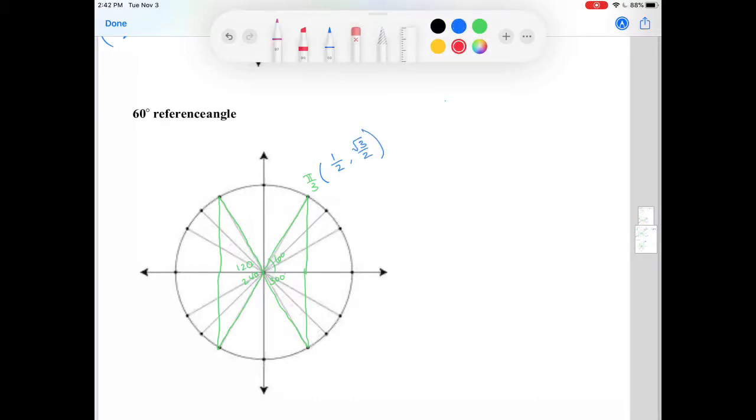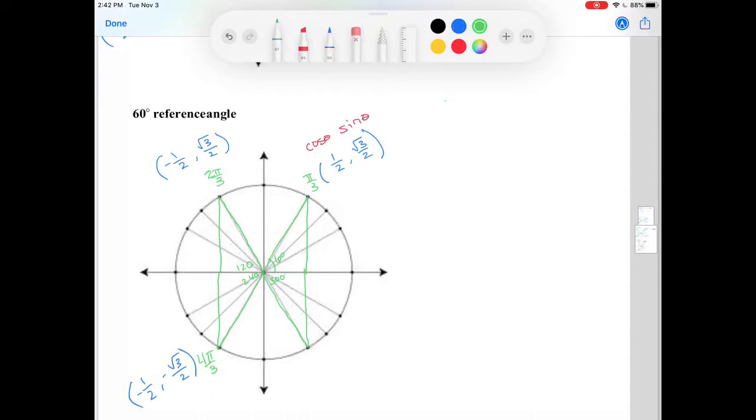And again, you'll see these patterns developing every single time. If I converted 60, I would get pi over 3. That's going to tell me that I have a 1/2 first, then a root 3 over 2. Still labeling your cosines, still your sines. None of that is changing. Second quadrant, this time we're talking about 2 pi over 3.